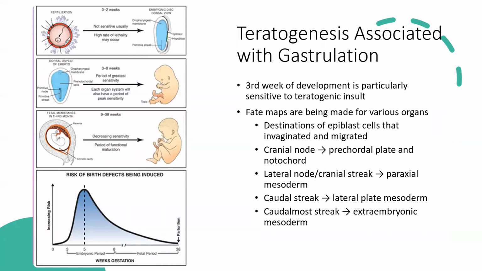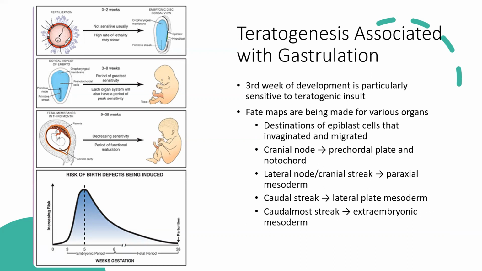So what does teratogenesis really have to do with gastrulation? Well, during this process, in the third week of development, it is very sensitive to teratogenic insults. And that's because there are fate maps that are being determined for various organs. And the destinations of the epiblast cells that invaginated and migrated determine this.